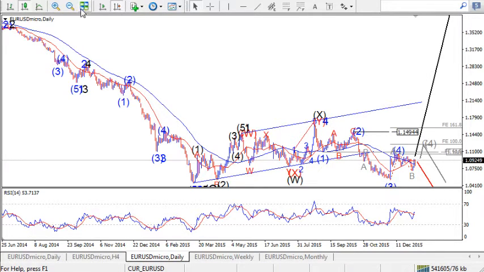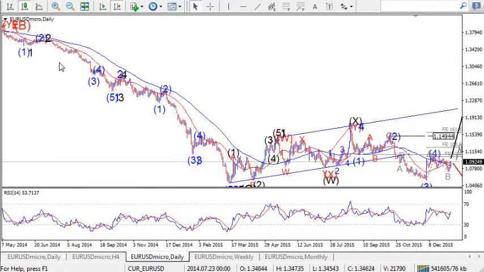The other scenario, and I indicate that with the black labels, is that the whole move to the downside has already finished here.